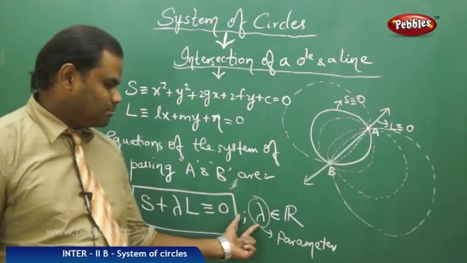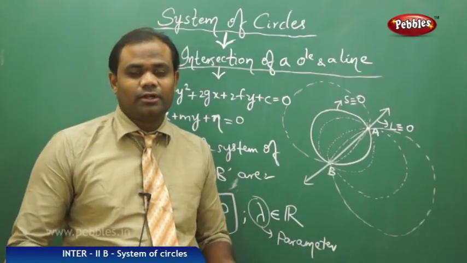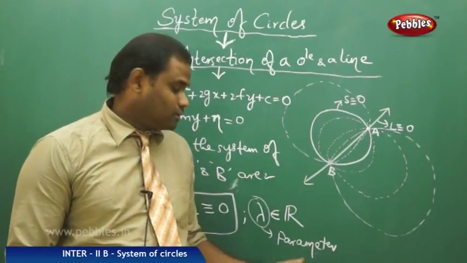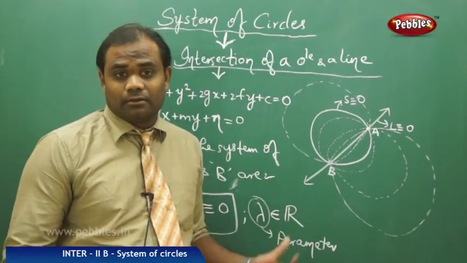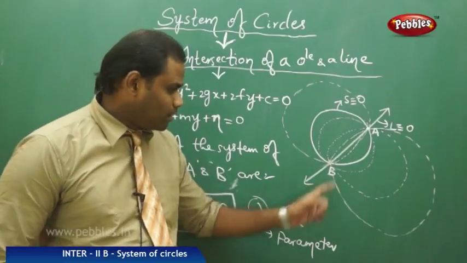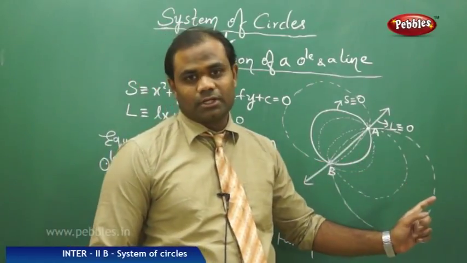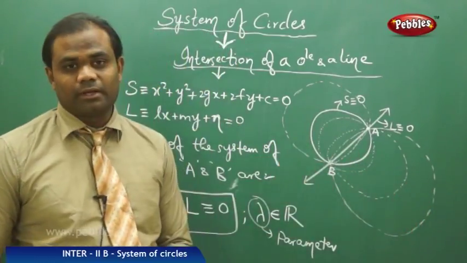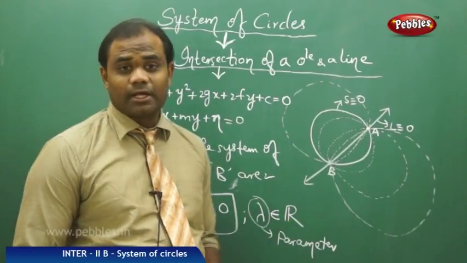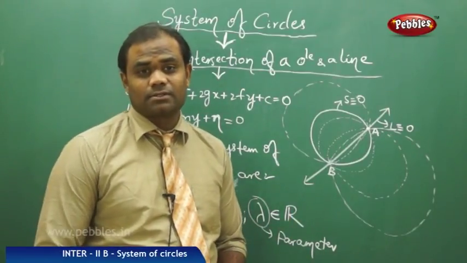Also, since lambda belongs to R and the set of real numbers is infinite, therefore for infinitely many real values of lambda, there are infinitely many circles which can be drawn passing through A and B. So therefore this forms an infinite system of circles.